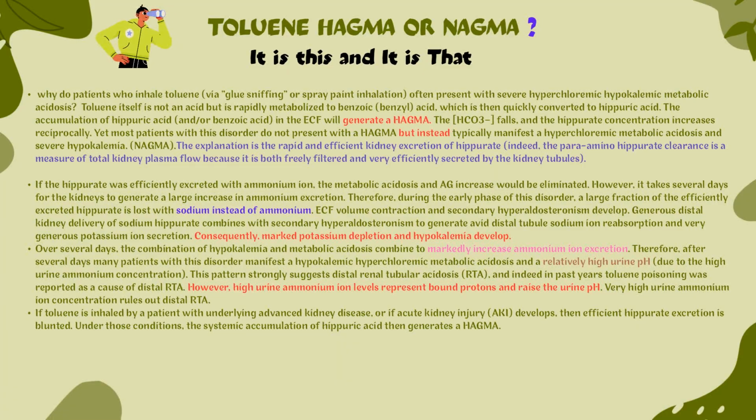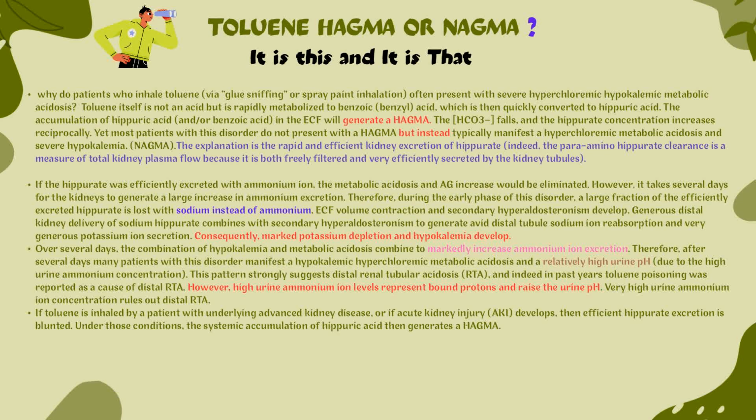Actually, toluene causes both. Toluene intoxication initially generates hippuric acid, which leads on to a HAGMA. Hippuric acid is rapidly renally cleared. It takes time for ammonium components to form.